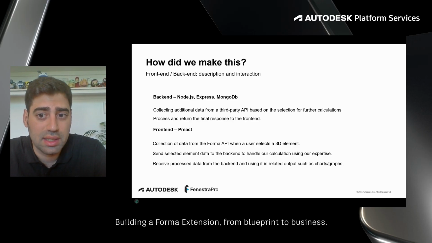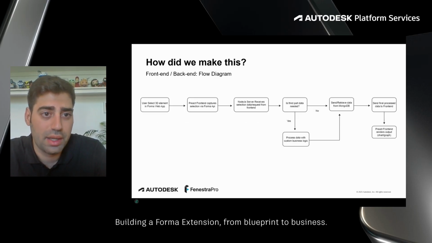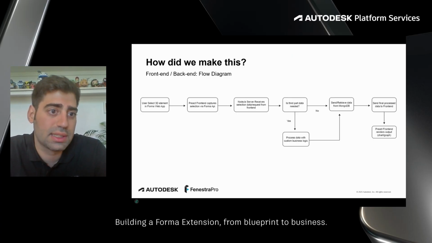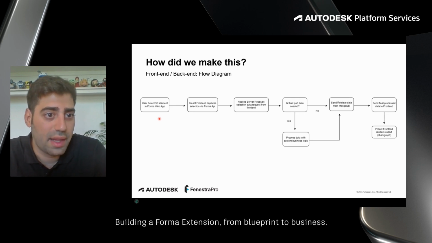In the next slides, I will explain more about the interaction between Forma and our own extension. Everything starts with user selection. First of all, the user selects the building that they want to analyze, and then we make sure that it's the main building, or in other words, that this building has a mass.